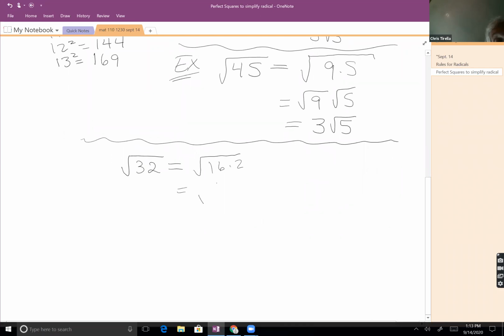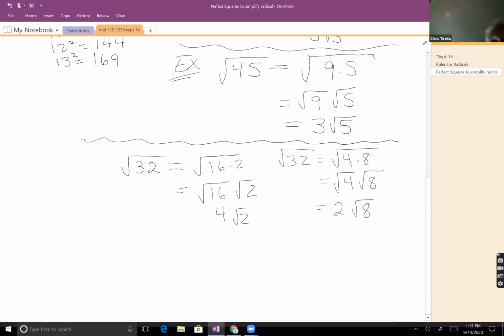So that gives me the square root of 16 times the square root of 2, which would give me 4 radical 2. The other answer that I heard was fine. We could look at that as 4 times 8. We'll take the square root of 4 times the square root of 8, which would give me 2 radical 8.